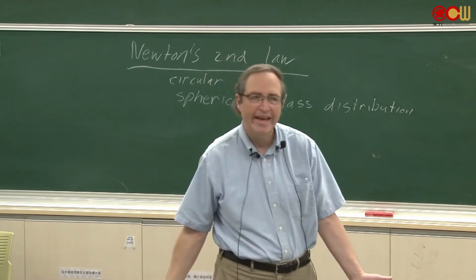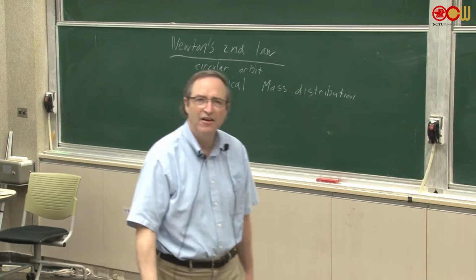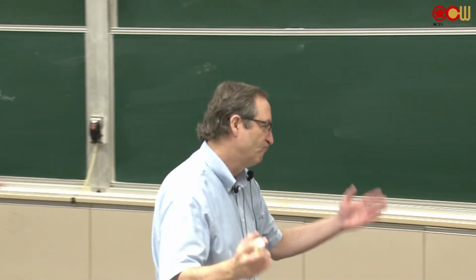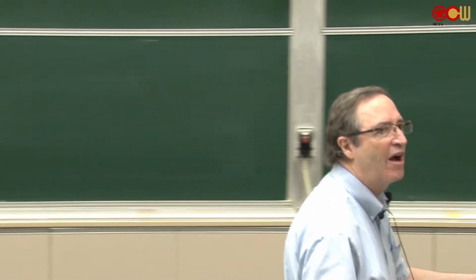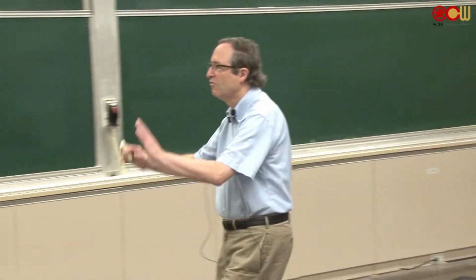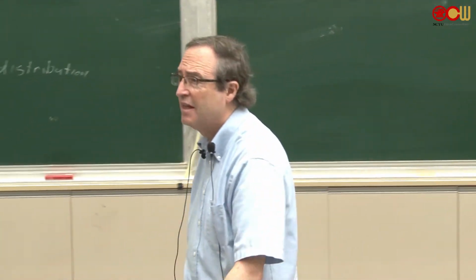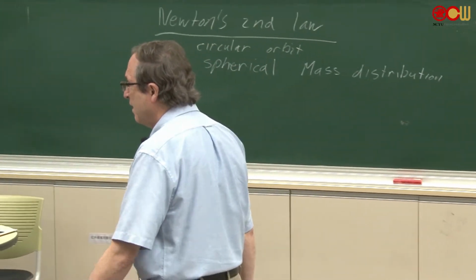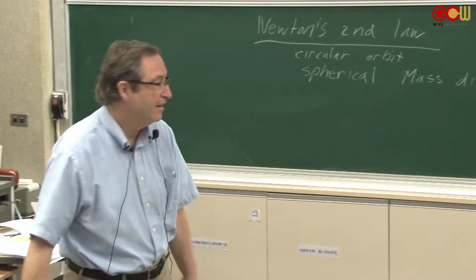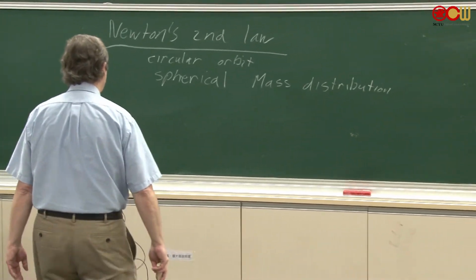For instance, our galaxy is a spiral galaxy, and there's some mass in the middle. There are these spiral arms. But for the argument we need today, we'll just do things the simple way. One could do the calculations in a more complicated way, but the basic idea can be gotten this way.